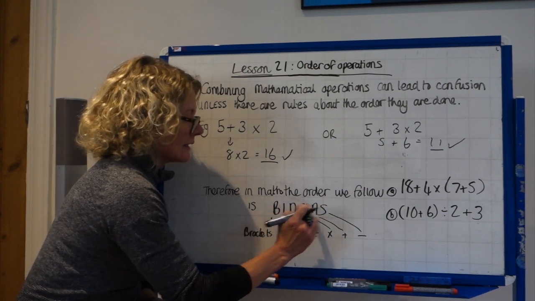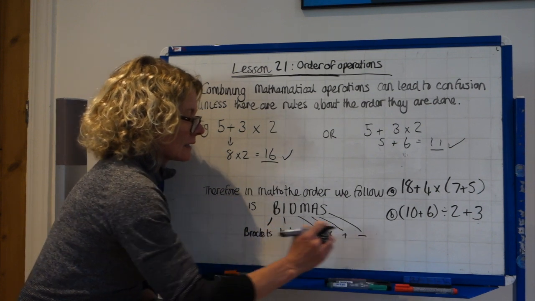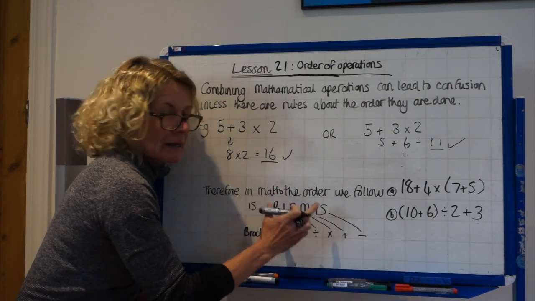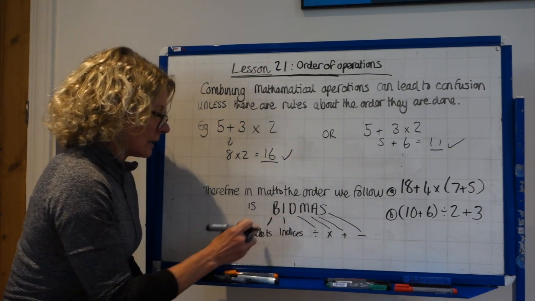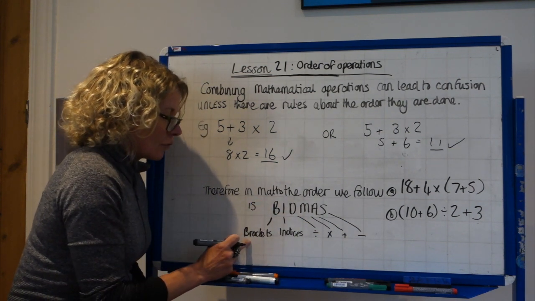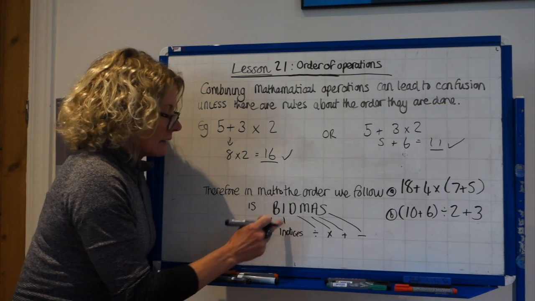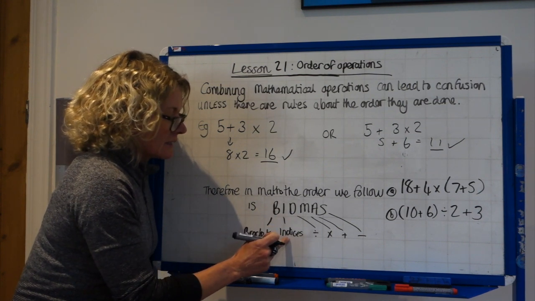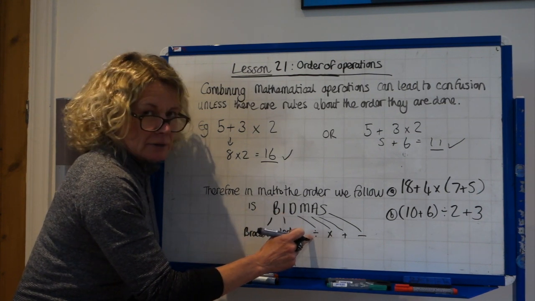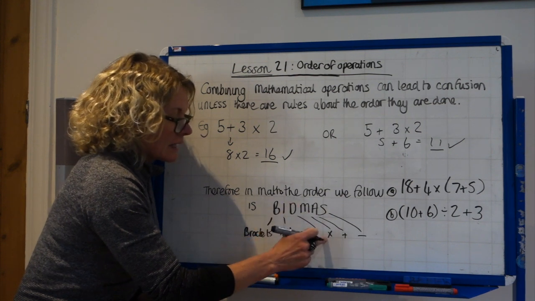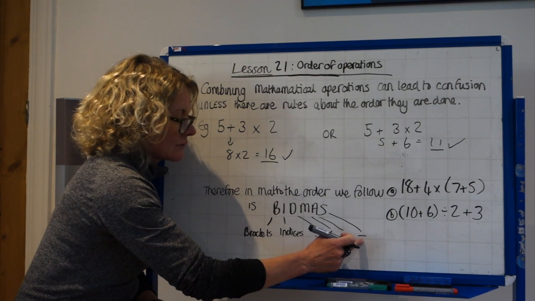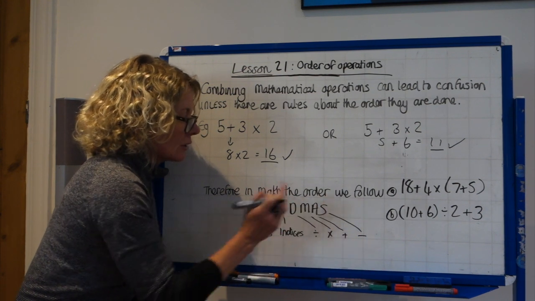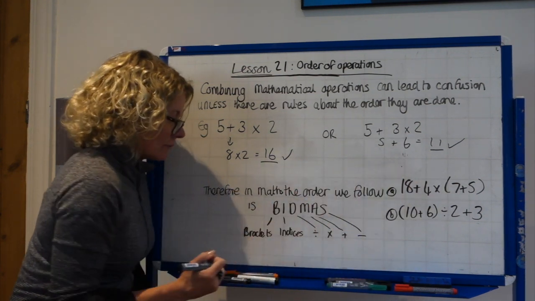We look at these initials, see what they stand for, and if we write that by the sum, it will tell us the order that we need to go in. B stands for brackets, I stands for indices, D stands for division, M stands for multiplication, A stands for addition, and S stands for subtraction. That is the order you do the sum in, okay?